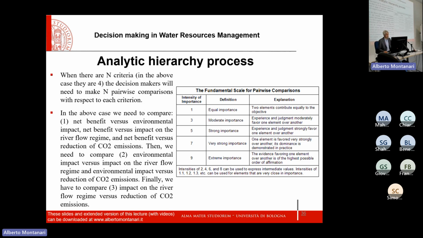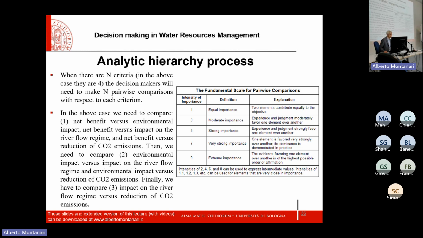And then if you want to give priority to the first criterion with respect to the second, you adopt a score larger than 1, where 3 means moderate importance of the first with respect to the second criterion, and 9 is extreme importance. And you can use any number in the scale between 1 and 9, and also you can use the reciprocal numbers.